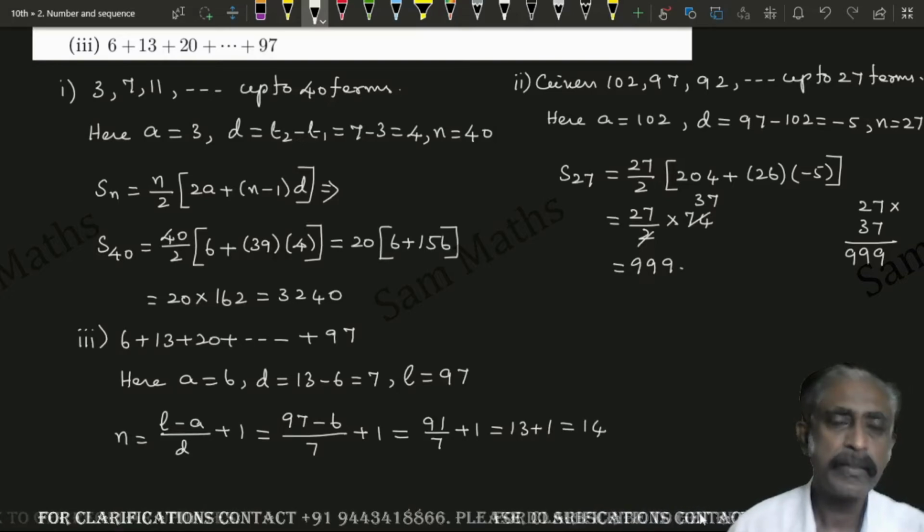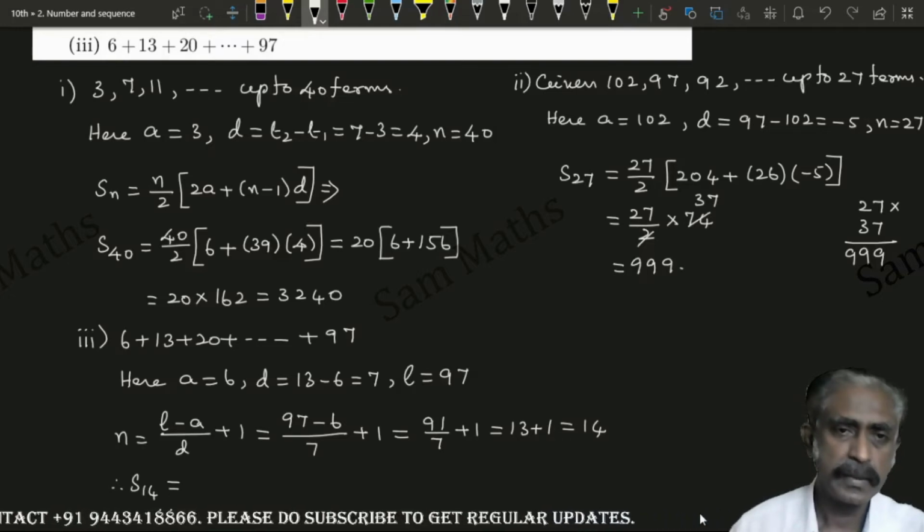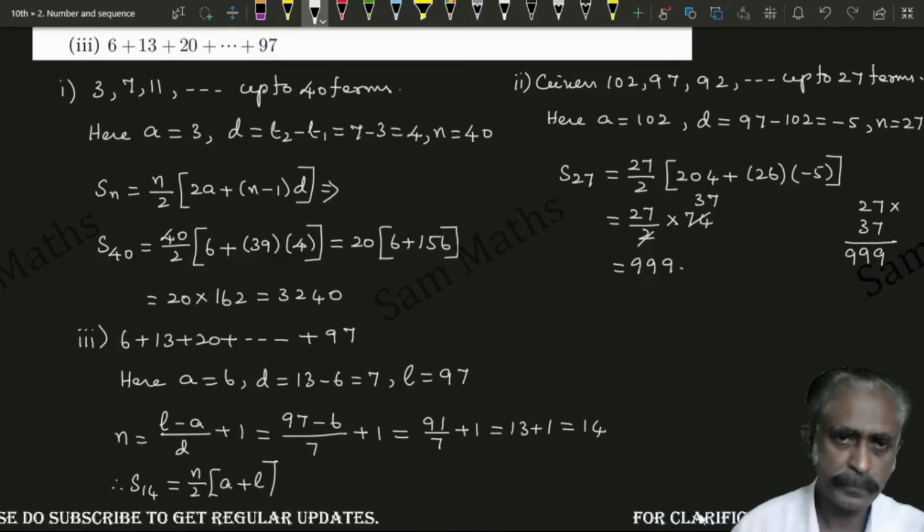Clear, children? Therefore, S14 is equal to N by 2 into (A plus L) formula.